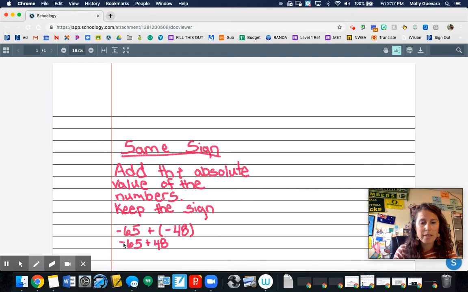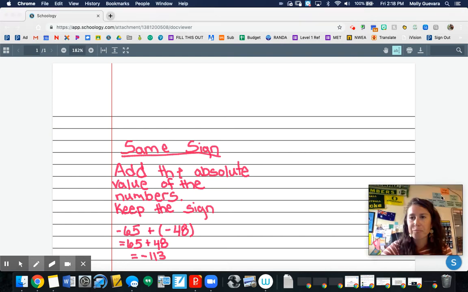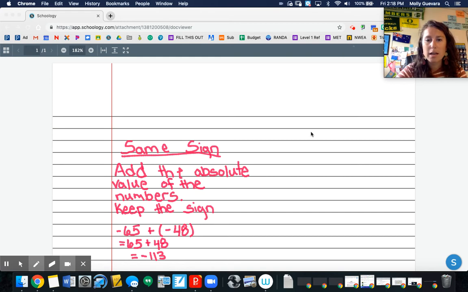So I add those together, which gives me 113. And since they both were negative, it's going to be negative 113. So hopefully that makes sense. You just add the numbers together, and then since these were both negative, my answer is going to stay negative. If both the numbers are positive, then it's going to stay positive. So that's if it's the same sign.